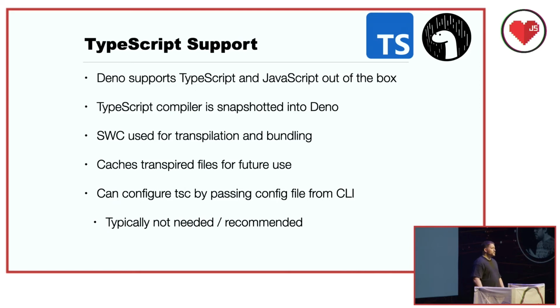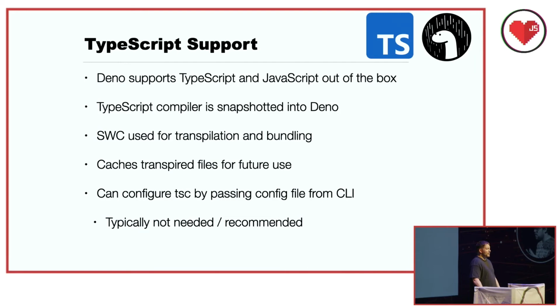Next, I wanted to talk about TypeScript support. Like I said, TypeScript is supported out of the box. There's no separate compile step, at least not one that you have to manage yourself. The TypeScript compiler is actually snapshotted into the Deno executable. And then SWC, which stands for Speedy Web Compiler, is a Rust tool for doing basically what Babel would do for you, except I think it's 20x faster with single-threaded execution, and up to 70 times faster multi-threaded.